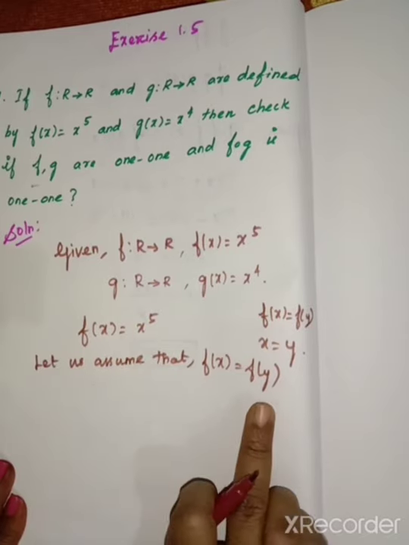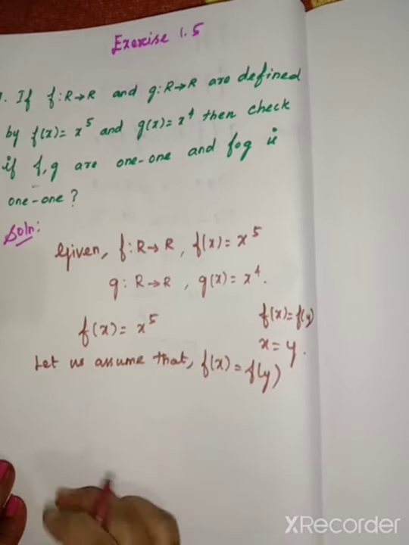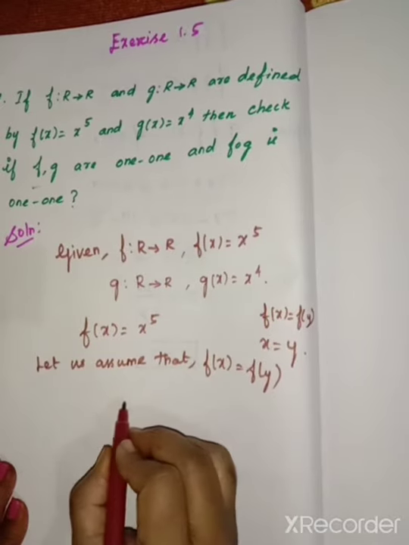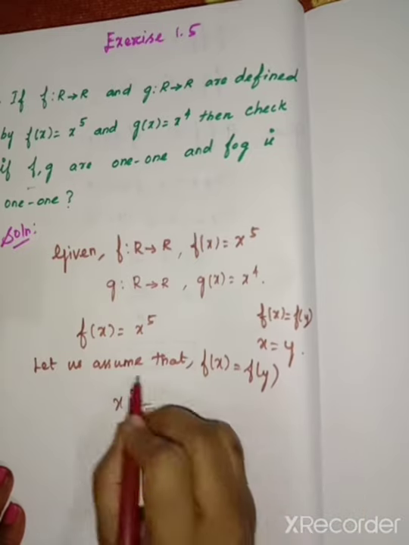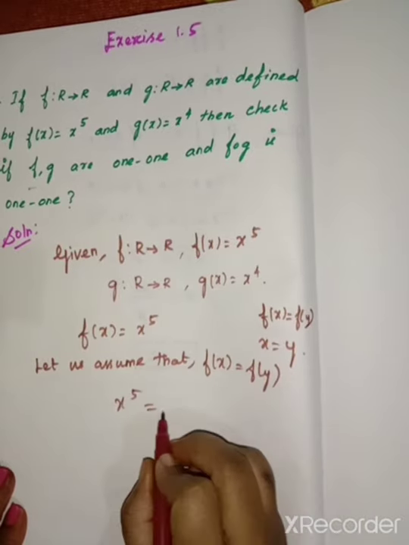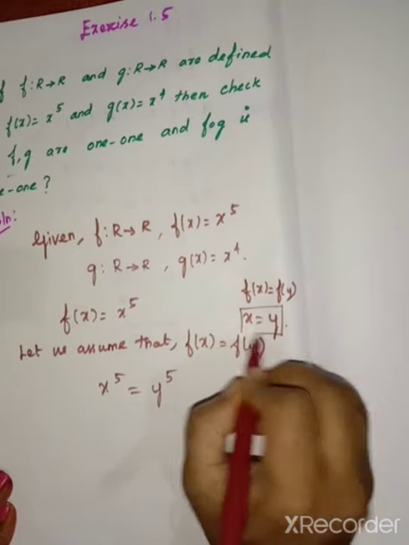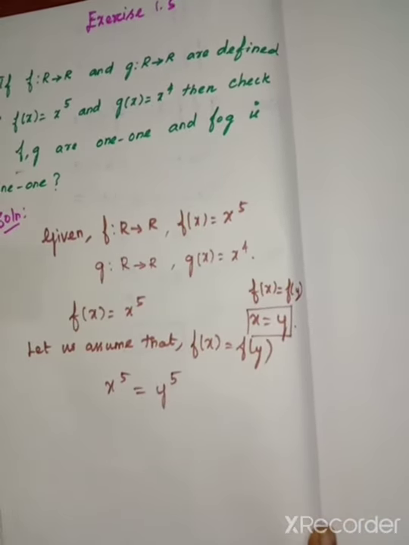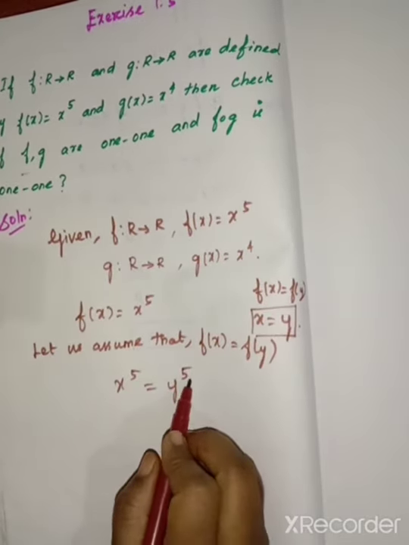So in place of x we substitute y for f of y; for f of x we already know. f of x is x power 5 equal to, here f of y is given, in place of x we substitute y, so y power 5. Already we know that if x equal to y, we get the answer correct, that is, it is 1 to 1. Here the degree is given, x power 5, y power 5.